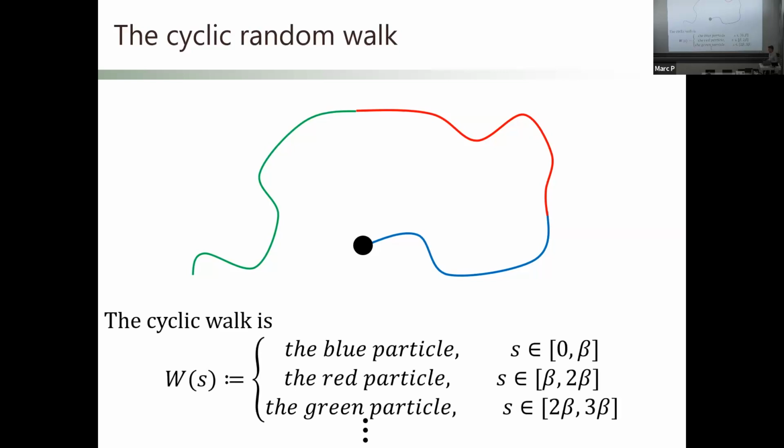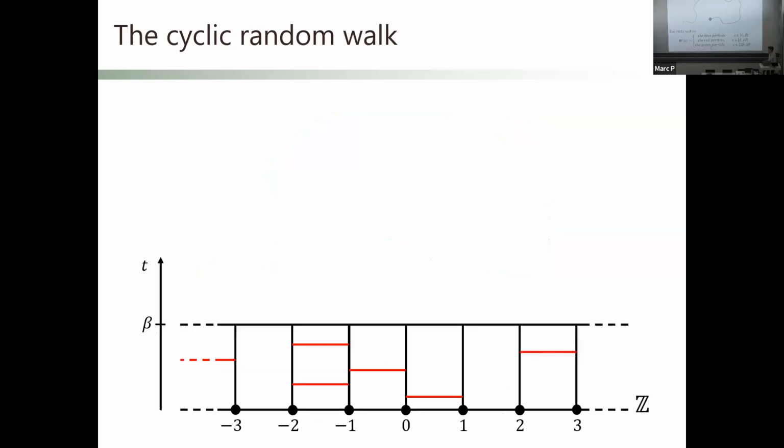So very nicely behaved. Unfortunately, they're not independent of each other because they're generated by the same set of transpositions, and so they share some randomness. But what we want to show is that on large time scales, this path looks morally a lot like a random walk. And that will be the goal of this project.